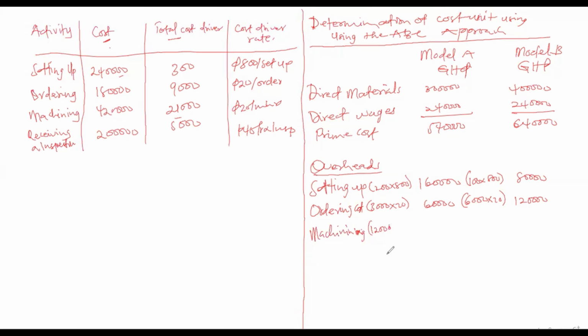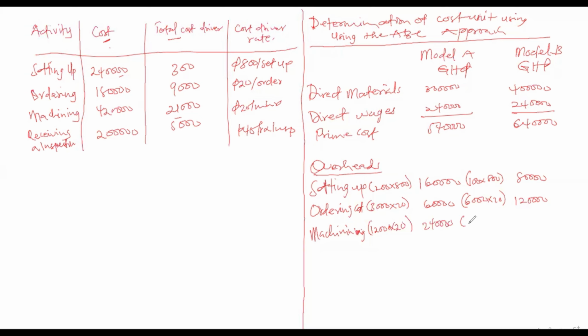So for every one machine hour, we charge 20 cedis. So if there is 12,000, we multiply by this, then we get 240,000.